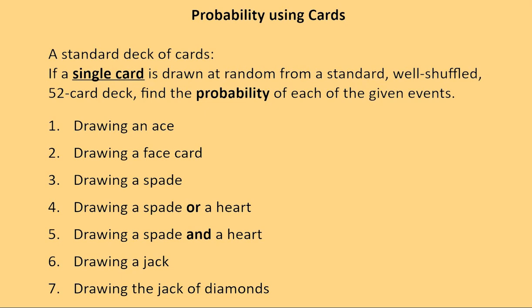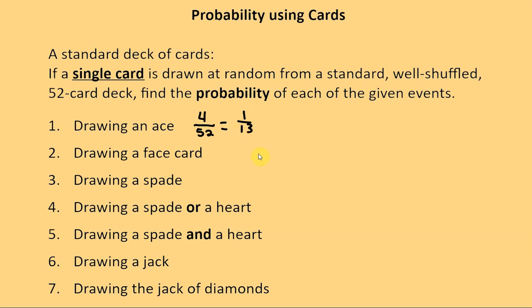What is the probability of drawing an ace? Well, like I said, there are 4 different suits, so there would be an ace in each suit. So that would be 4 aces out of a total of 52 cards. And like I said before, we always want to reduce our fraction, so that's 1 out of 13. The probability of drawing a face card.